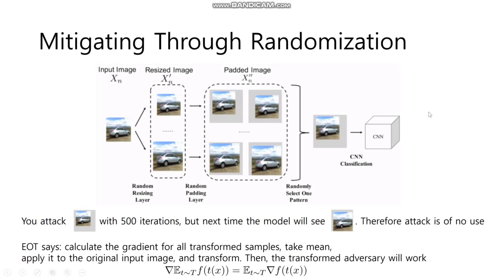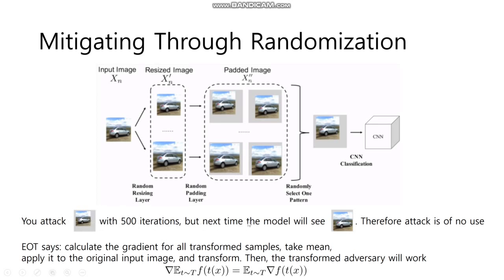So let's calculate the loss function or score function for airplane and take the gradient and send the gradient flow to this image and change this image. So let's assume that we have attacked this image with 500 iterations of gradient ascent. Okay, then, well, for this specific image, it's going to work.